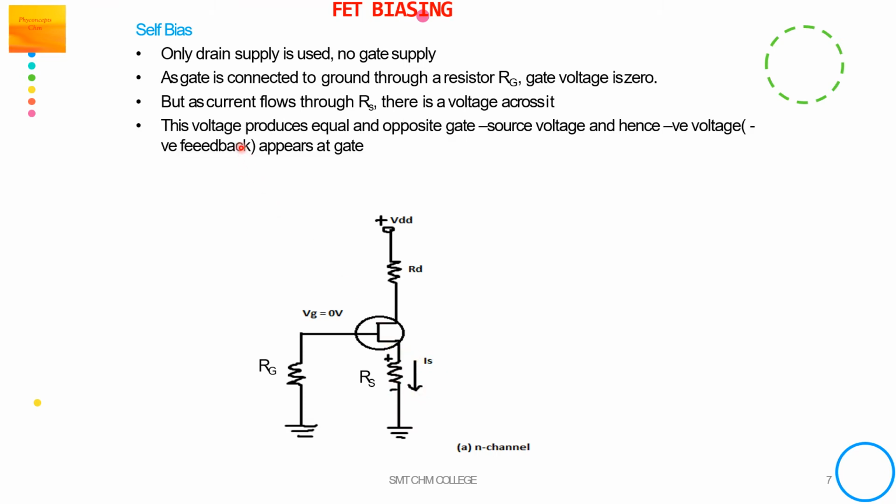This voltage will produce an equal and opposite gate source voltage, as RS and RG are in parallel, and hence a negative voltage, which we call negative feedback, will appear at the gate. Since the gate source diode is reverse biased, a negative voltage is applied. So we can say that the FET is correctly biased.